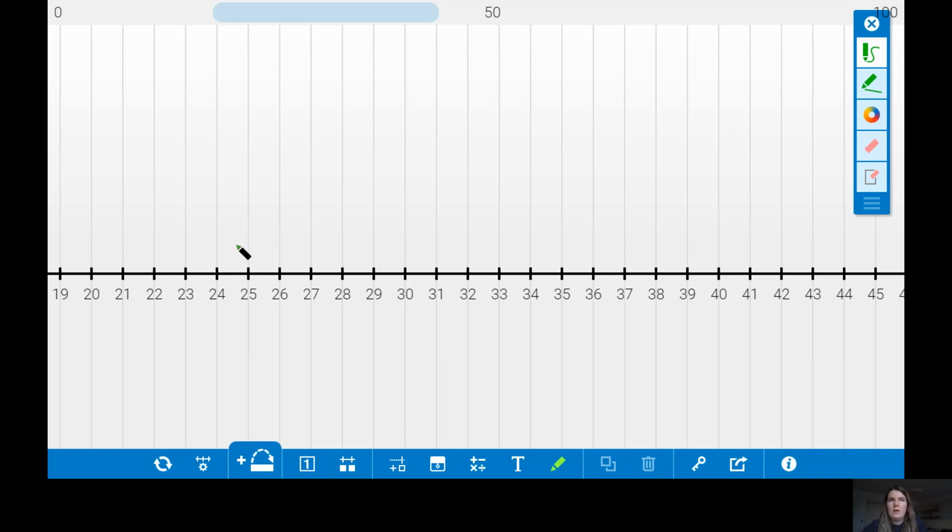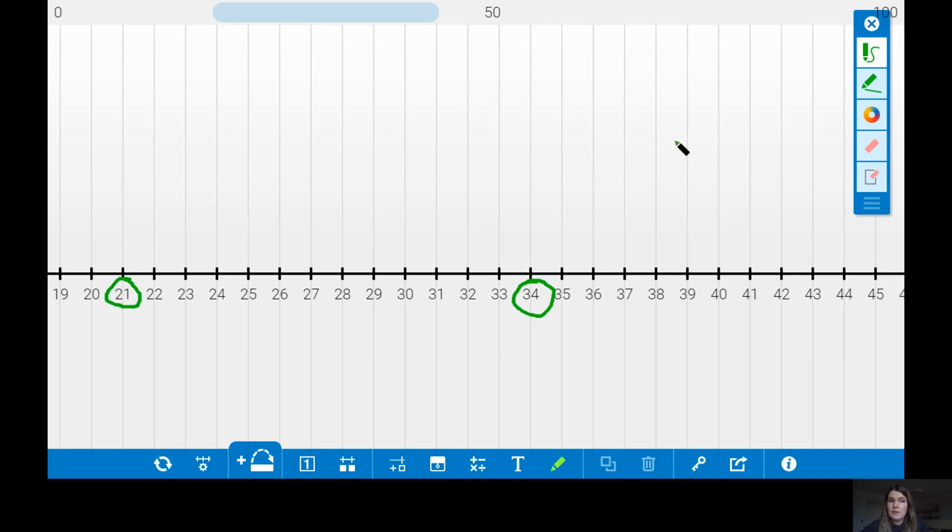Okay, where's 21? Let's find 20. Okay, 20, 21, here it is. And I need 43. Here we go. 43. Okay, so now I found 21 and 43. I can compare them along the number line. What's wrong?